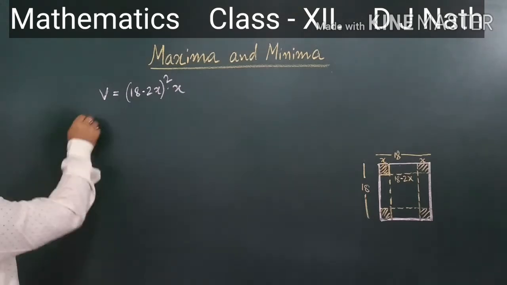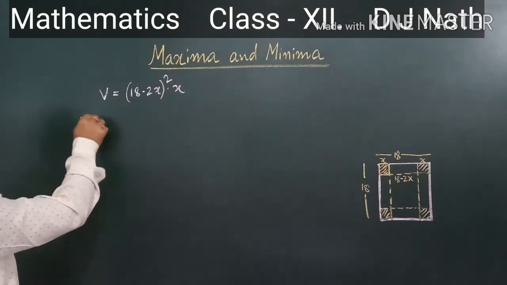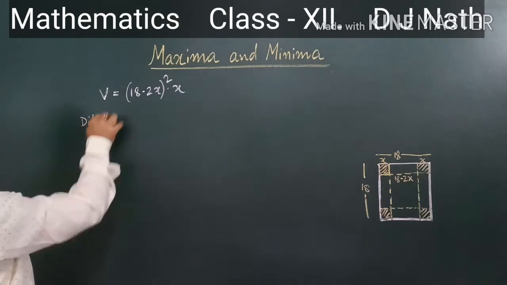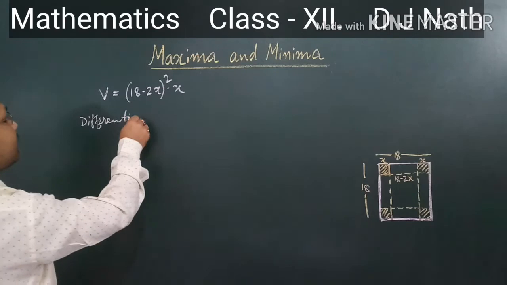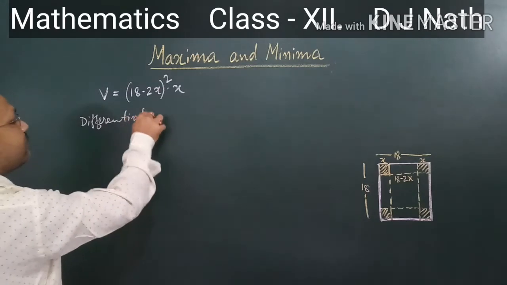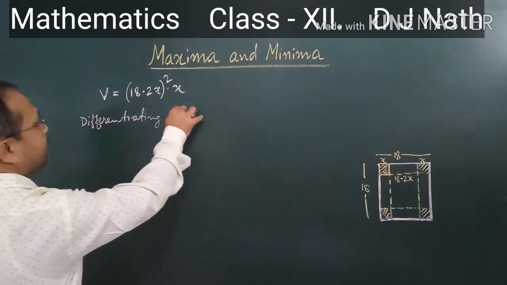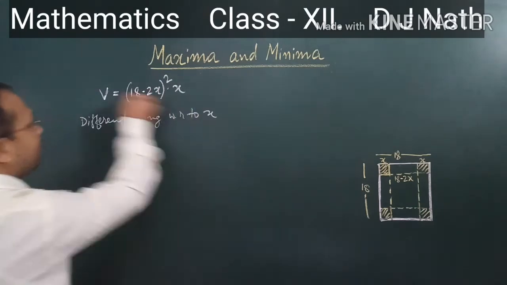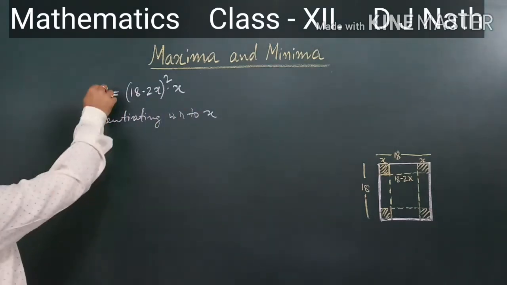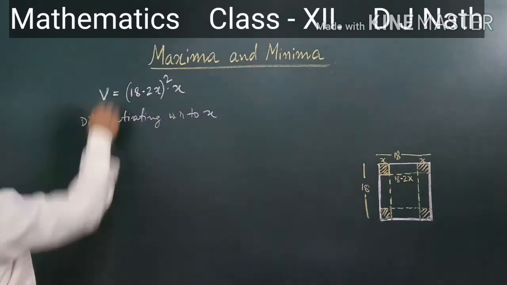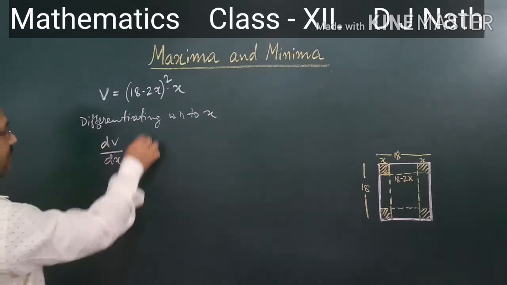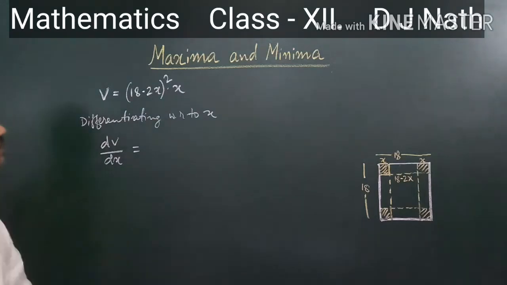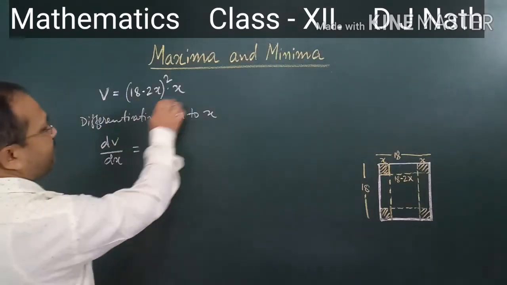So we will do differentiating with respect to x. What will that be? dV/dx we can write. dV/dx will be equal to, or you can make a little simplification first.